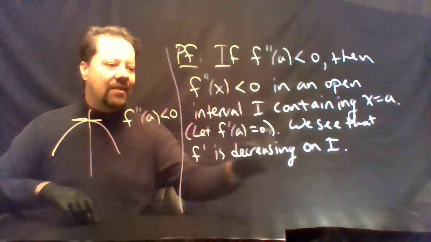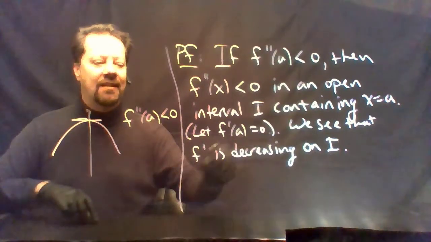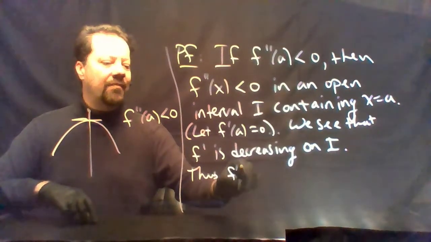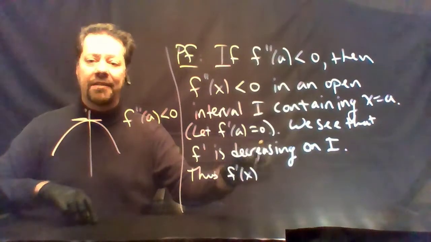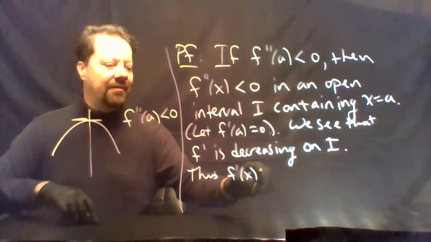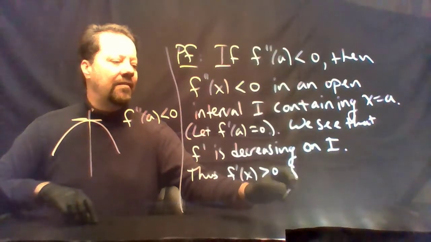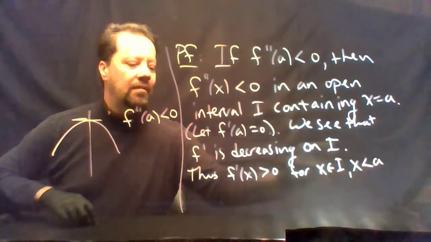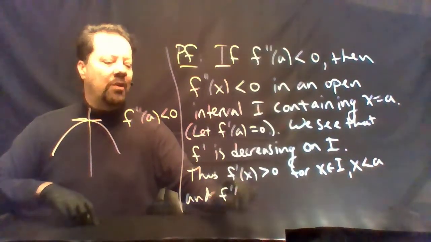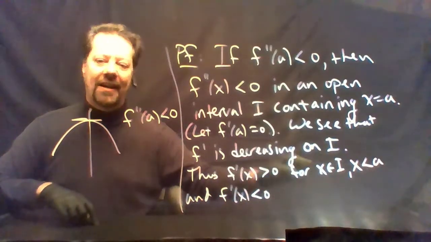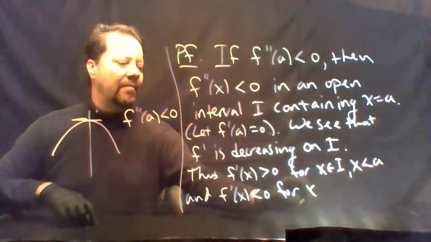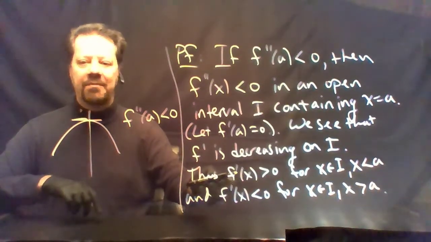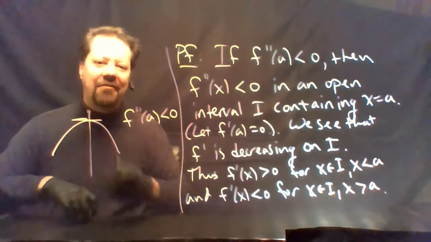And since f prime is decreasing and f prime at A is 0, that means f prime is going to be positive to the left of A and negative for x values to the right of A. So it's going up before it gets there and down afterwards.